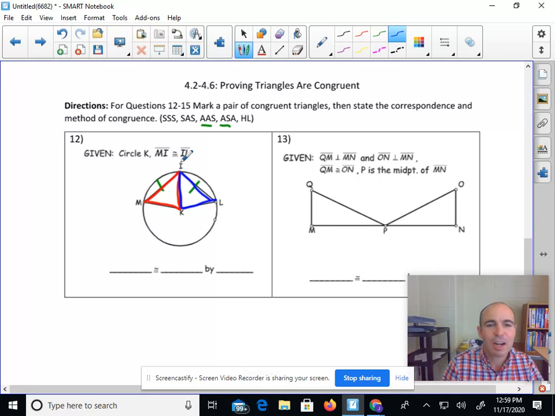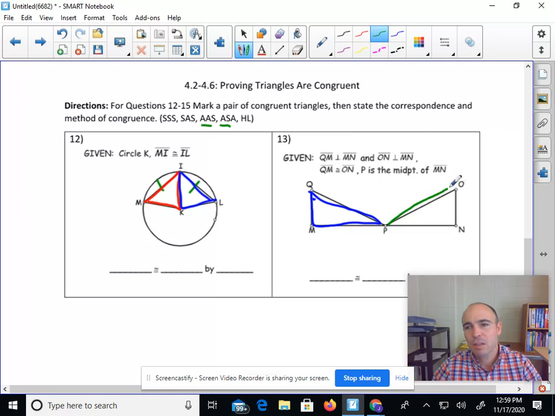Now this one here, they're asking us, is this triangle congruent to this triangle, right? And what do they give us? They tell us we got some perpendicular stuff going on here. They tell us QM and MN are perpendicular.